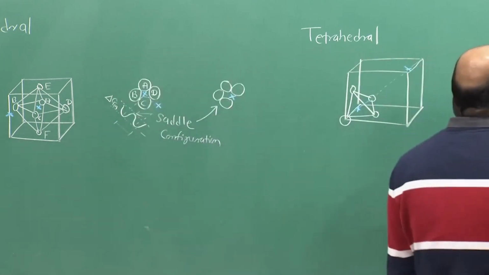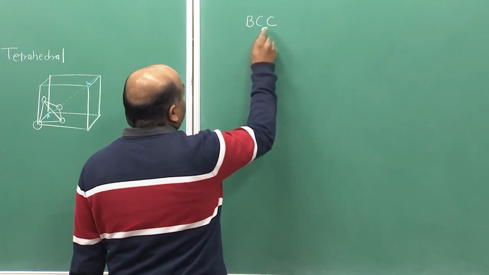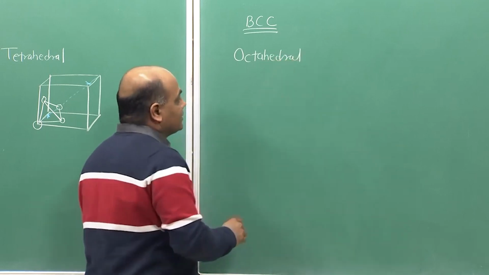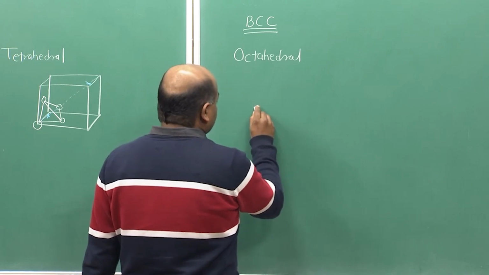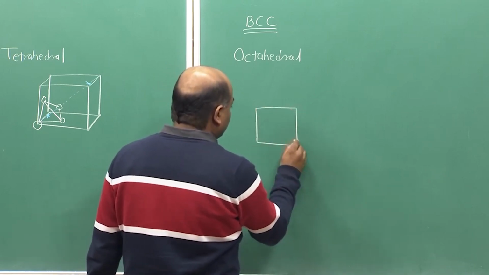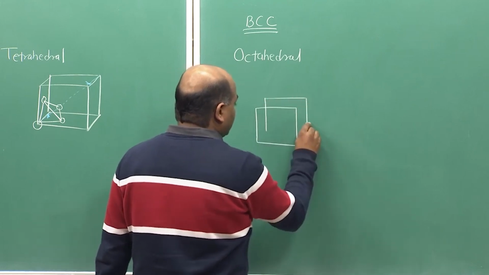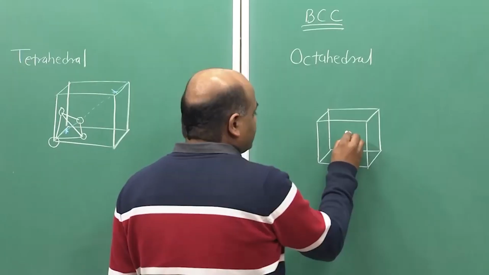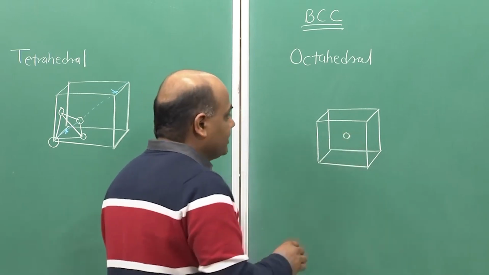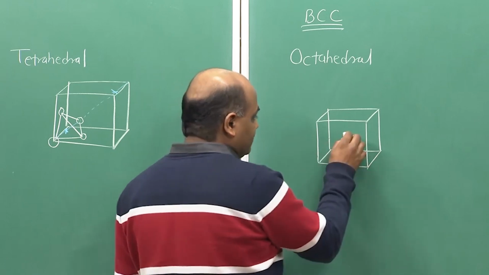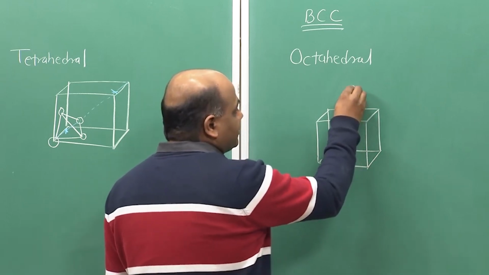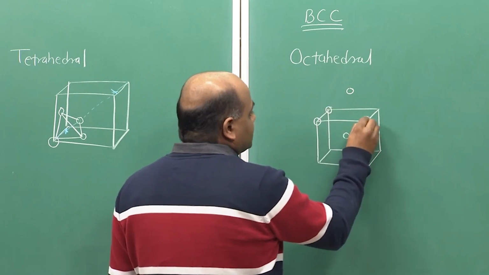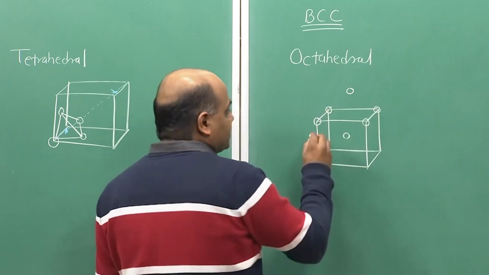Can also show octahedral in BCC. To show octahedral in BCC, we can consider the body center of this unit cell and the body center atom of a unit cell which lies on top of this one, and join those to the 4 corner atoms which lie in between them.